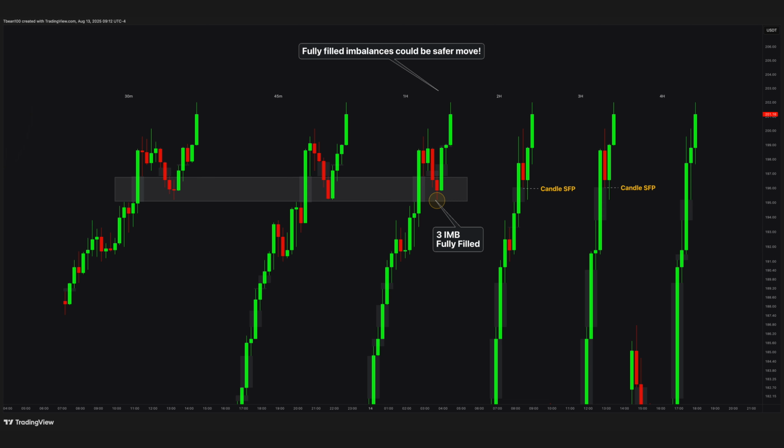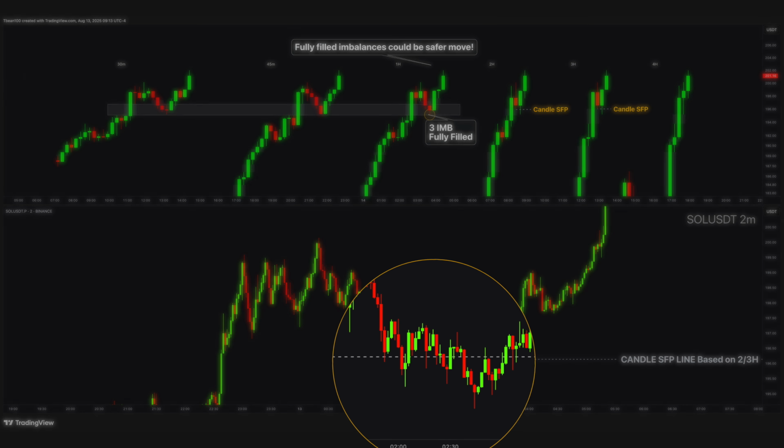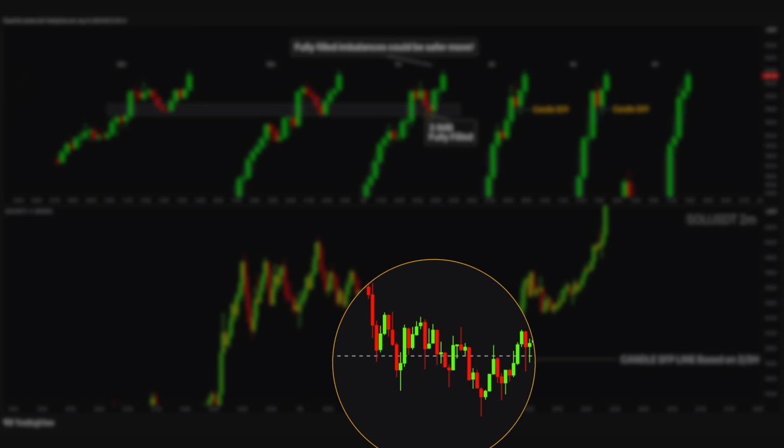Now let me also open the lower time frames below for a more detailed view. This here is the line of candlestick swing failure patterns that come from the 2-hour and 3-hour charts above if you carefully look at it. As you can clearly see, we still have no structure change happening yet in the lower time frame.